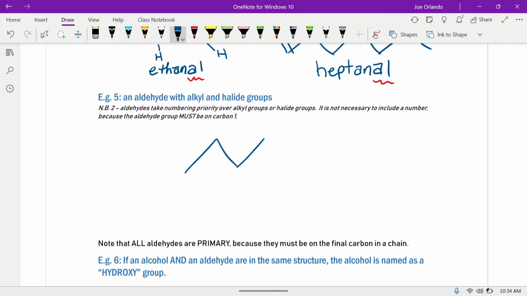Let's do this. 1, 2, 3, 4, 5. Let's do a double bond oxygen here. Let's do a chlorine there. And let's do an ethyl group there. Okay. Name that for me, please. Okay, we're going to be all right for time.